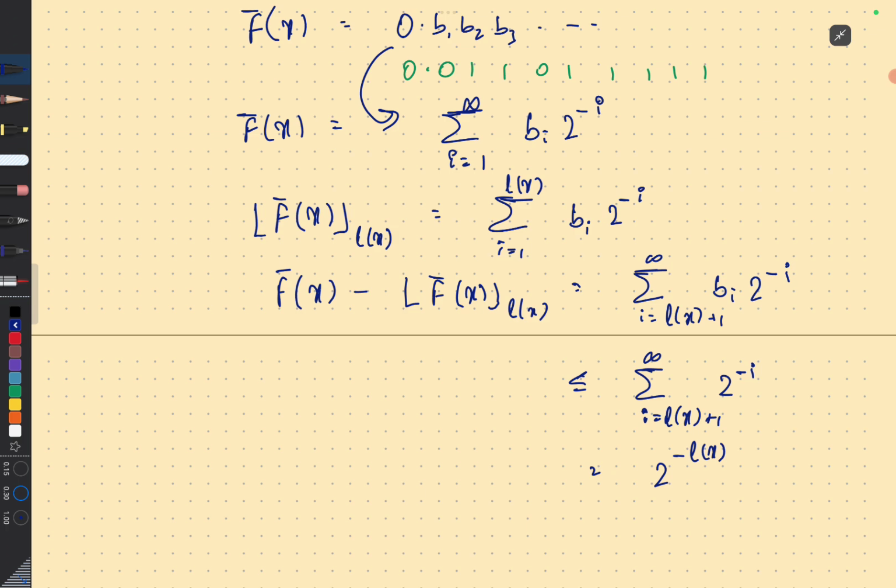I want to prove an upper bound, so this quantity is less than or equal to f bar of x prime minus the floor, or truncation, of f bar of x to L of x bits.